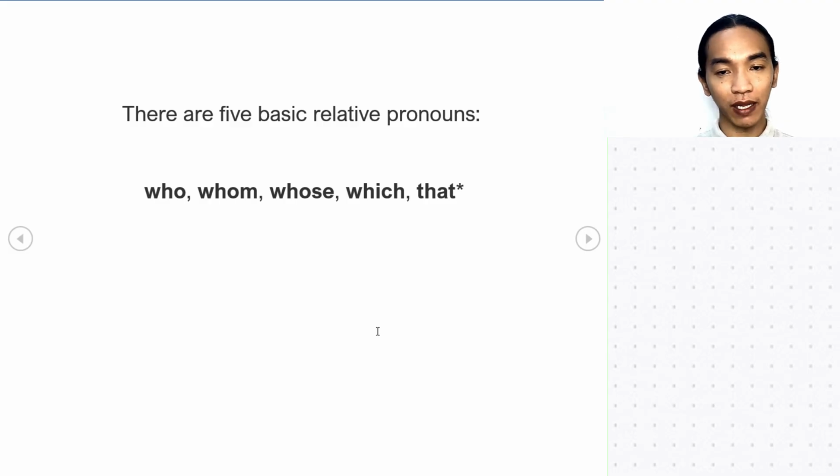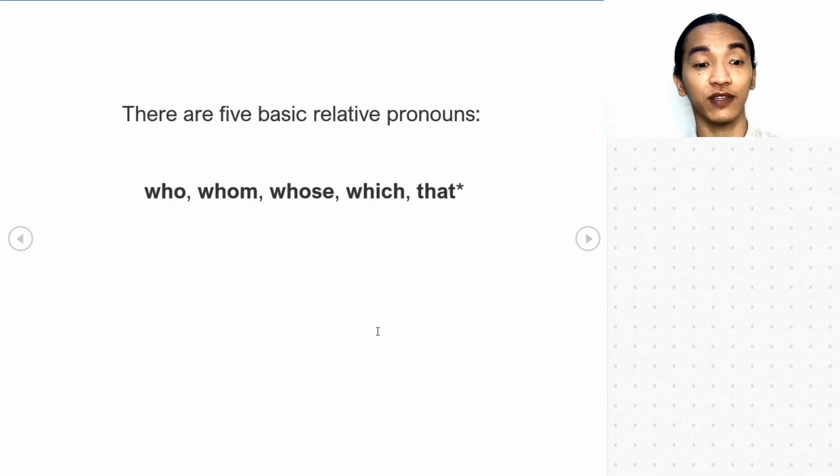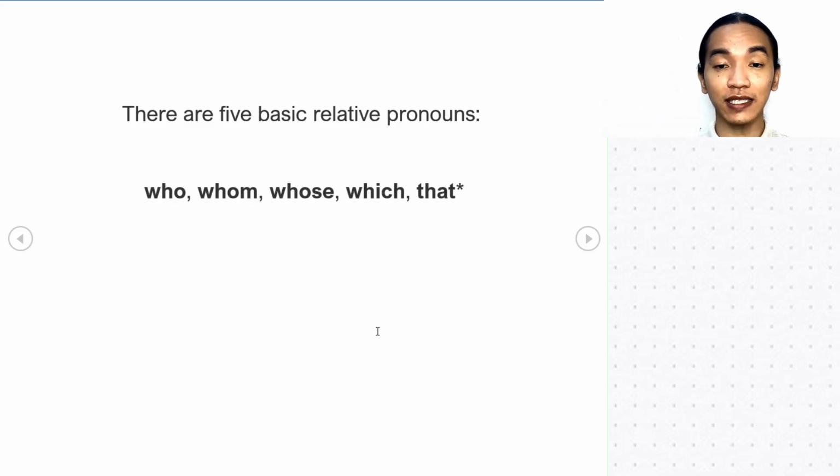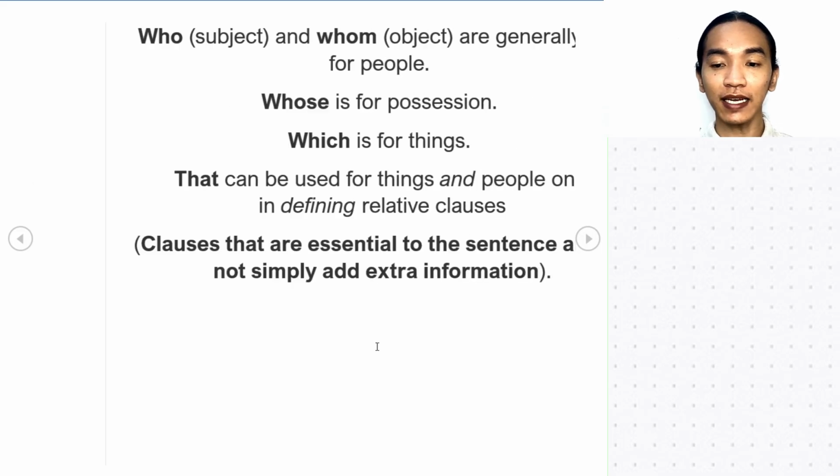So normally we use them in asking questions. However, on the other hand, relative pronouns are actually not for questions, but they are used to introduce your relative clause. So therefore, you will commonly see them in descriptive sentences or normal sentence structures. Okay?